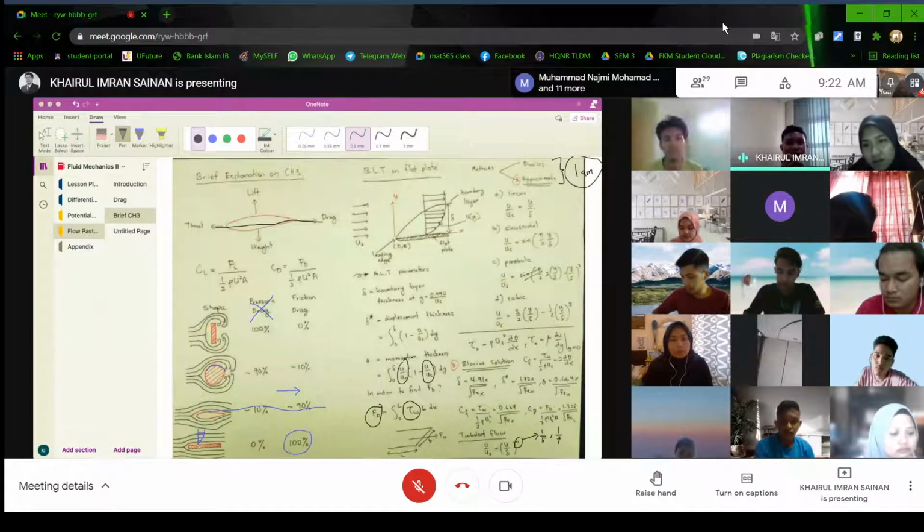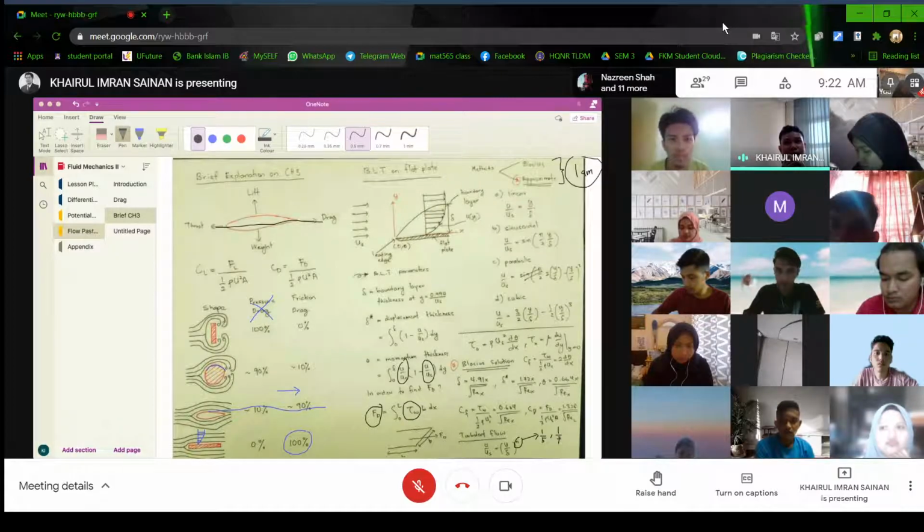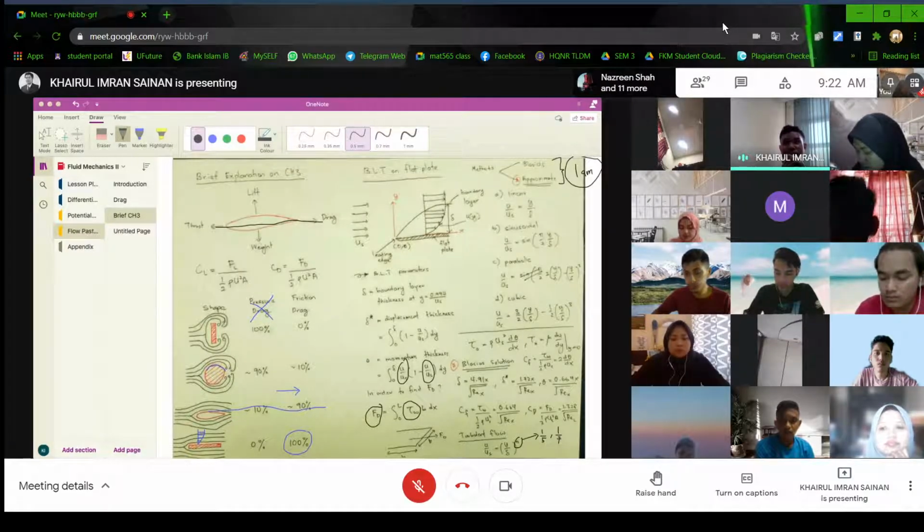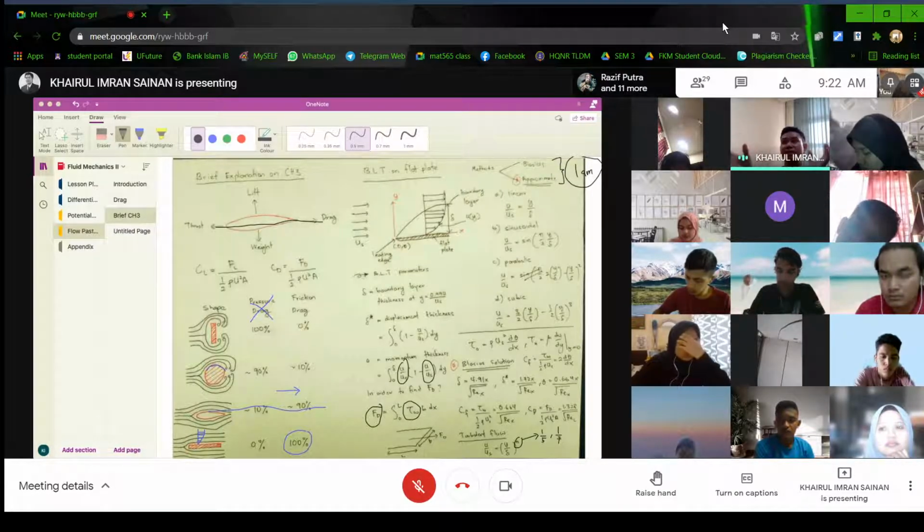In that subject, when we try to derive turbulent flow, there's not one form of equation. There is, but it must be based on application.